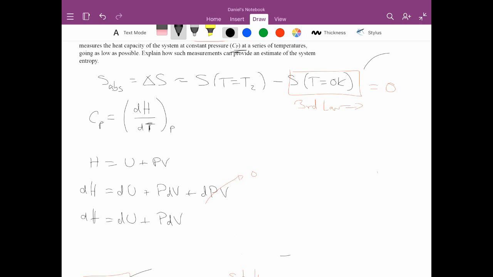Now let's see if we can get that related to heat. So we also know that the change in the energy of a system is equivalent to the amount of heat taken up plus the amount of work done on it. Okay, and we can rearrange this to get it in terms of heat, which is what we will be measuring in heat capacity.